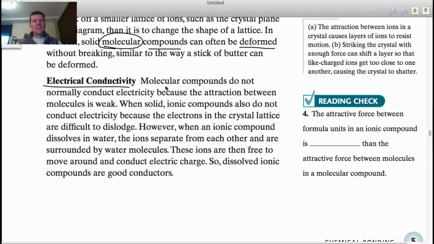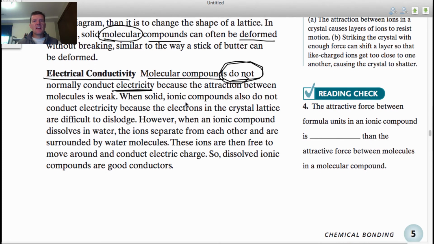Electrical conductivity. Molecular compounds do not conduct electricity normally. Remember, there aren't any charges there. They're sharing electrons equally, so there's not a positive or negative end to the compound. Ionic compounds do conduct electricity if they are dissolved in water or melted, because then you're freeing up those ions.